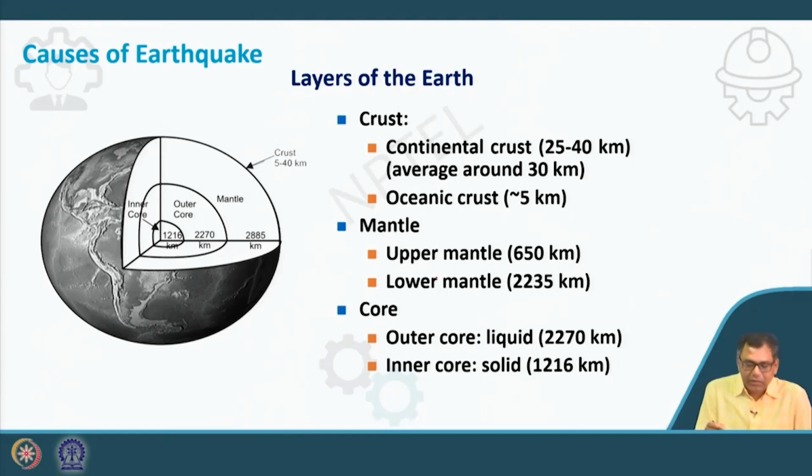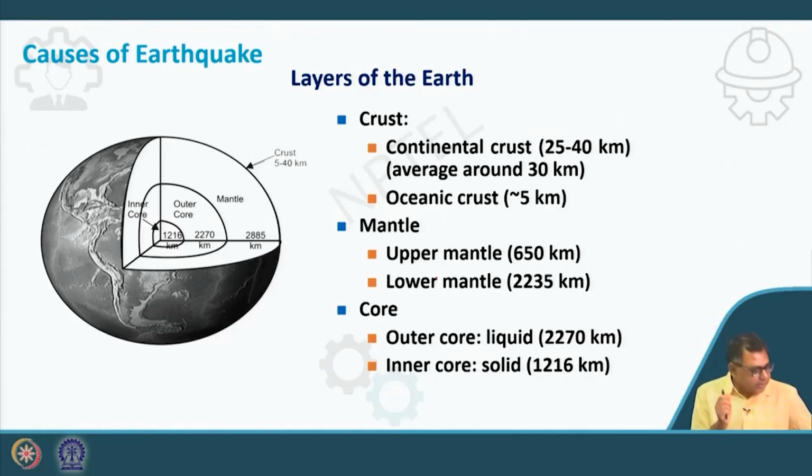If you add them, it is around 2885 kilometers. The core also has an outer core and an inner core. Remember that the outer core is liquid in nature, with a thickness of 2270 kilometers, and the inner core is solid, with a thickness of 1216 kilometers. So this is the rough idea about the different layers of the earth.